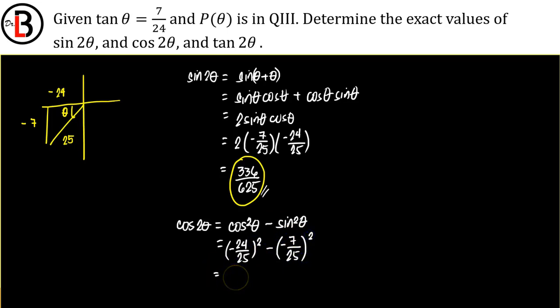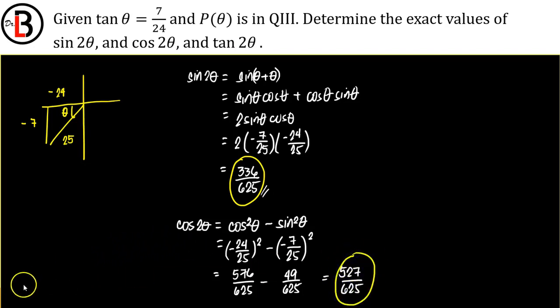This is going to be 24 squared is 576 over 625. 7 squared is 49 over 625. 527 over 625. So this is your answer for cosine of 2 theta.